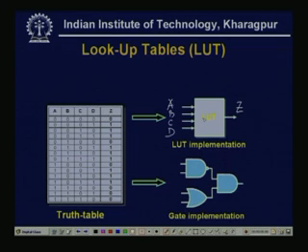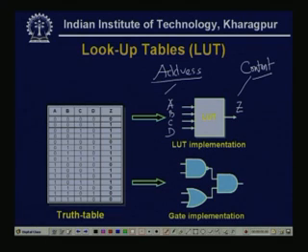So, for this LUT, A, B, C, D are the locations or the address of the table, and Z is the content of the table. And Z is some function of A, B, C, D.